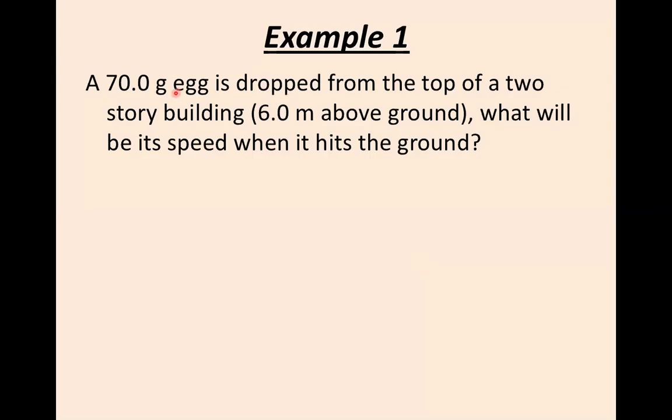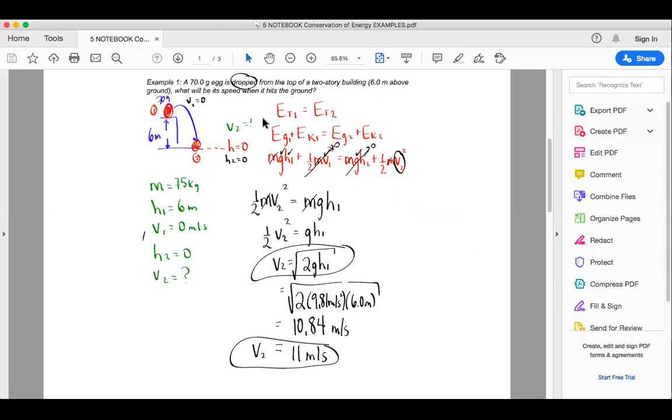So a 70-gram egg is dropped from the top of a 2-story building, and that is a height of 6 meters. What will be its speed when it hits the ground? So if we take a look at a 70-gram egg being dropped, we're going to draw a diagram and label the givens.